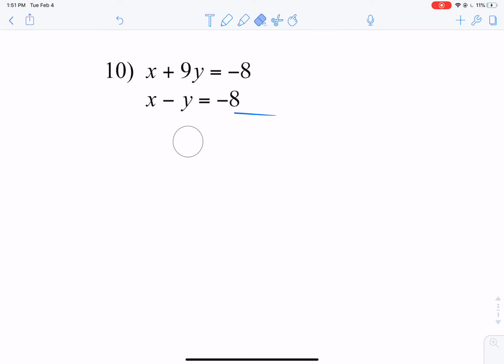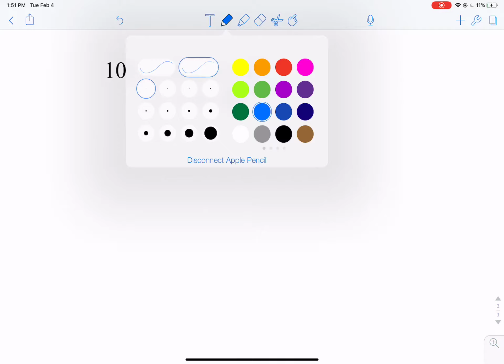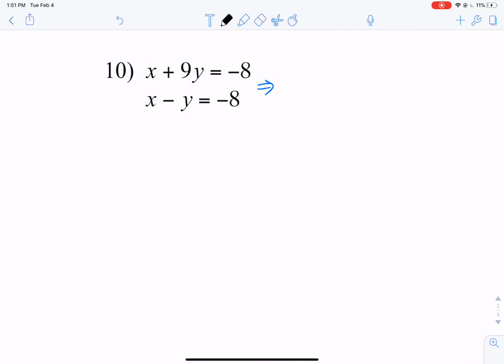So what I'm going to do, I should be able to fix it because these are very simple examples: if all I do is multiply one of them by a negative, then that should eliminate something. As you can clearly see, that would eliminate the x's, okay? If I make one of these x's the opposite, a negative, then when I add the positive, it should give me 0.